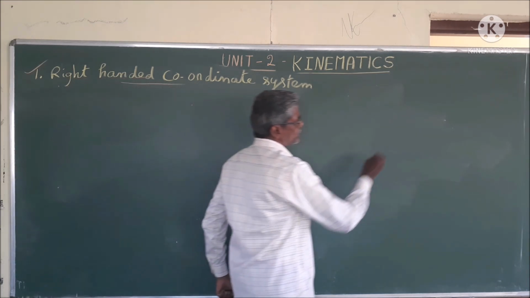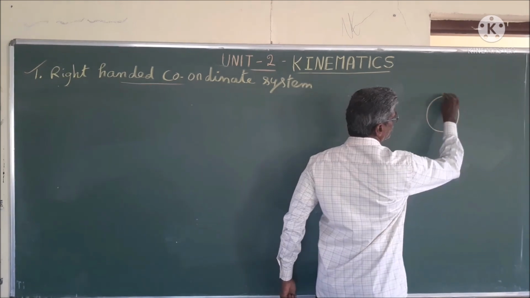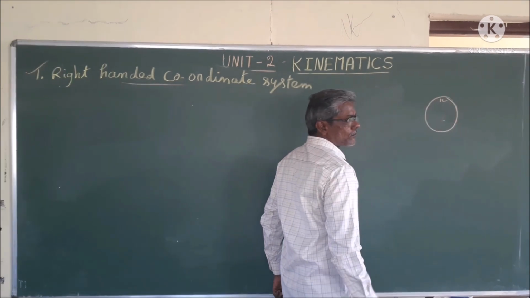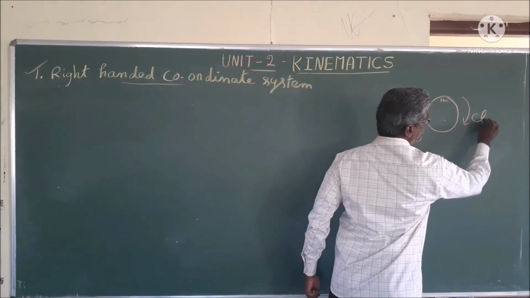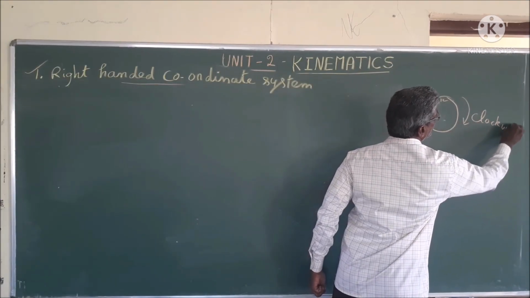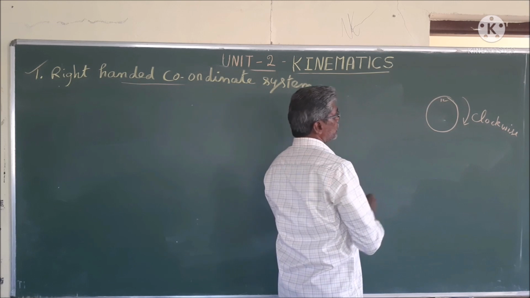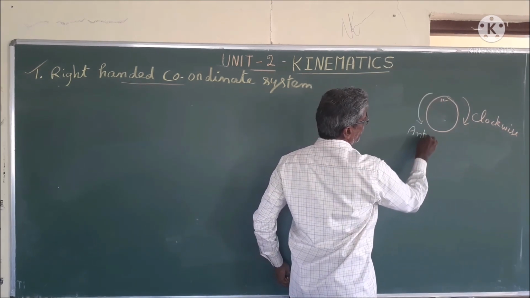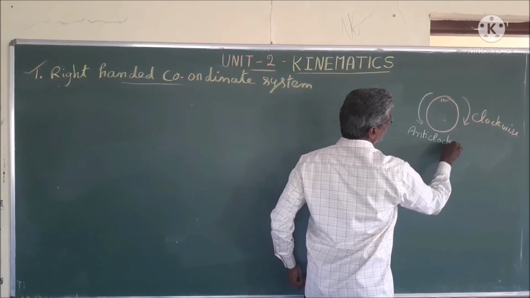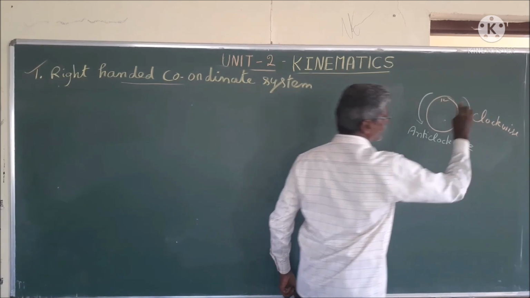Now let us consider this one is a clock. If the needle moves in this direction, then I can call it clockwise. Suppose if the needle moves in this direction, then I can call it anti-clockwise.